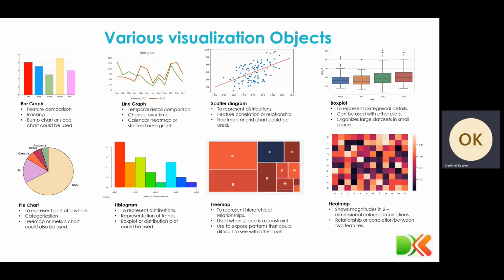Then the last one I have here is the heat map. This shows the relationship between two features using colors. The colors that are close to one extreme show some relationship towards that extreme, and the colors that go to the other extreme do the same thing.